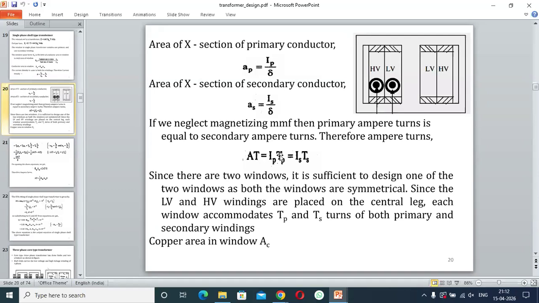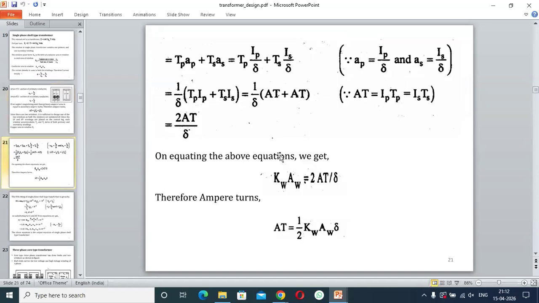To calculate this we will multiply the number of turns with the cross sectional area of that system. So this will come as TP AP, meaning the number of turns of winding one multiplied with AP, plus TS AS. These two things will be given.